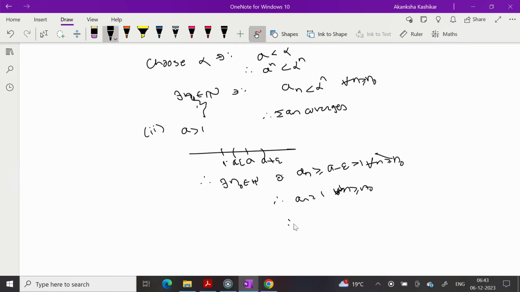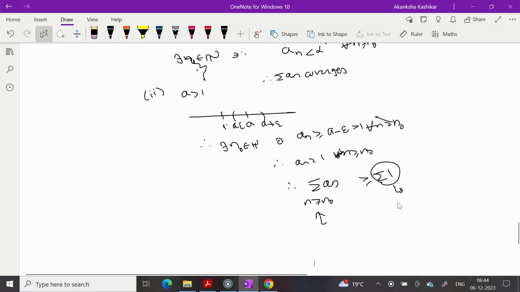Therefore summation a_n from n naught is larger than or equal to summation 1, which is a constant series. So this diverges implies this diverges, and so this becomes a divergent series.